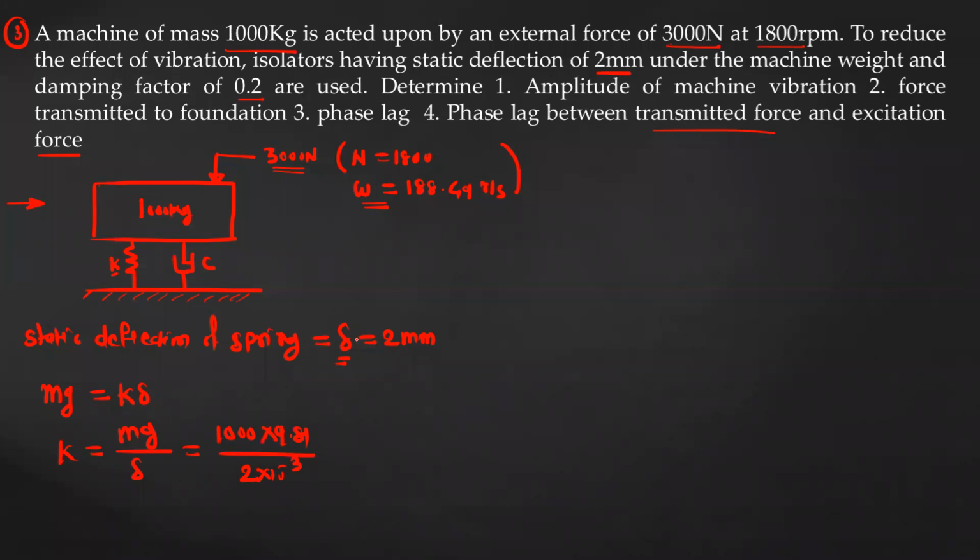So what is the significance of this delta? If you mount the machine on this spring and damper, there is a static deflection.